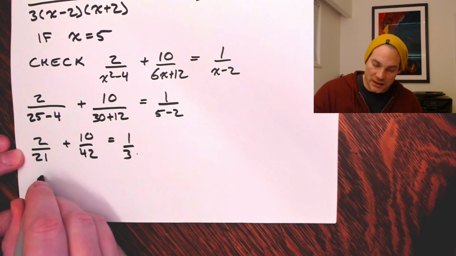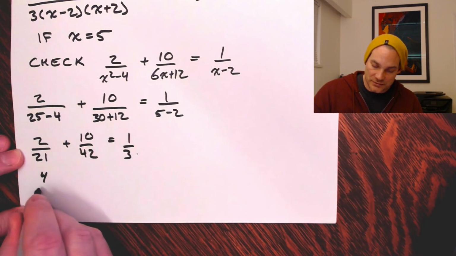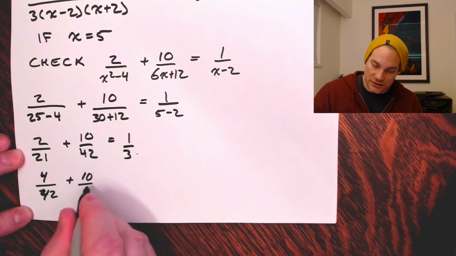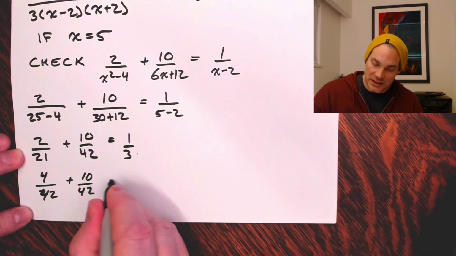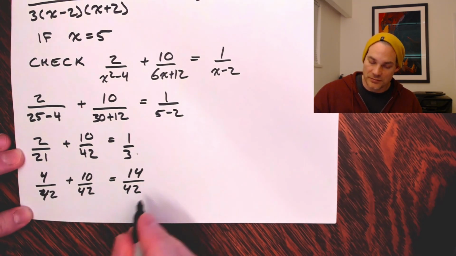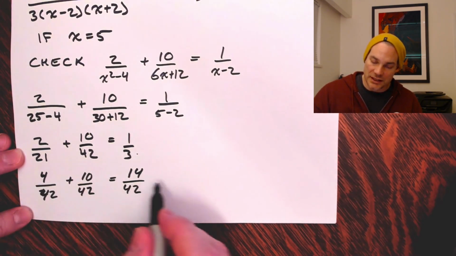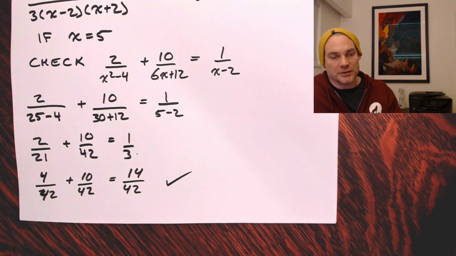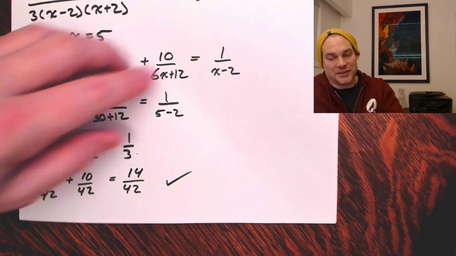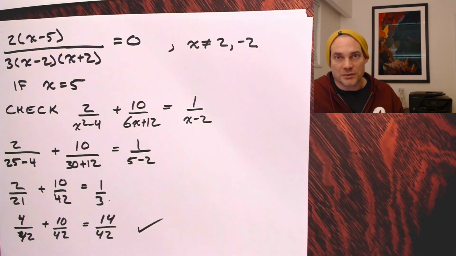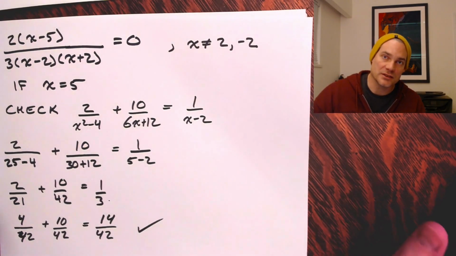So I get 4 over 42 plus 10 over 42 equals 14 over 42. And if I add these two together, I get the same, so it does work. So we've checked our solution: we solved for x, we found our non-permissible values, and the solution works. So that's how we simplify a rational equation and solve for it.